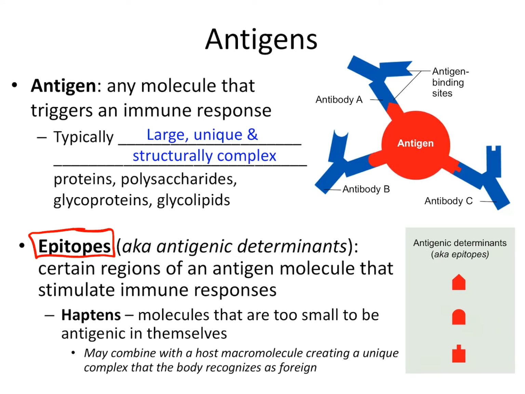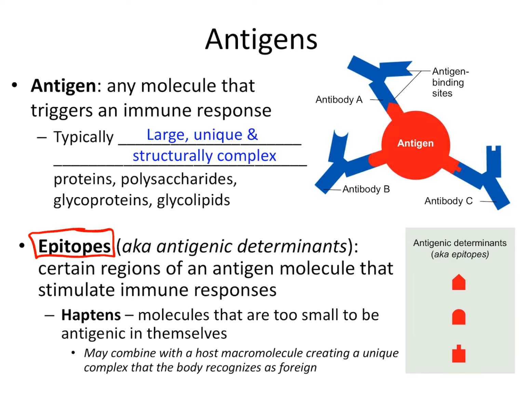Now, there can be times when a small molecule, right? Remember, normally to elicit an immune response, a molecule has to be large. But in some cases, you can have a small molecule that on its own would not be antigenic, meaning on its own it wouldn't stimulate an immune response. But when an individual comes in contact with it, that small molecule can bind to other molecules, and they can form a compound that becomes antigenic.